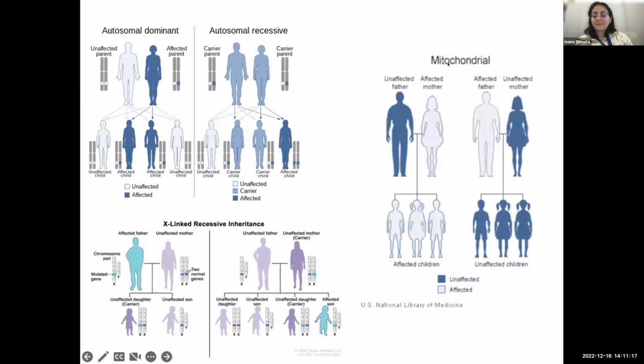As I've mentioned, the variants that can be found in the genes in our stories can be inherited or can be de novo.